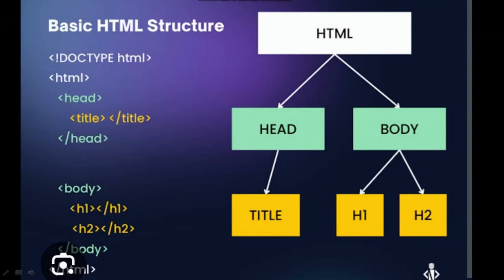We have the HTML, which then has the head and the body. From this structure, you can see that the HTML includes the head and the body, and the head includes the title, and the body includes H1, H2, H3, H4 down to H6, and the P tag as well.